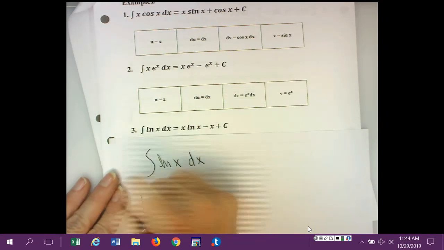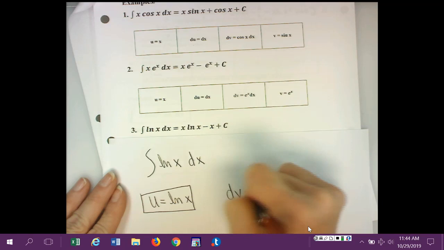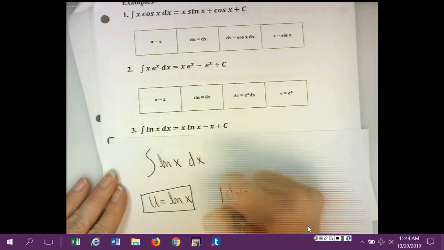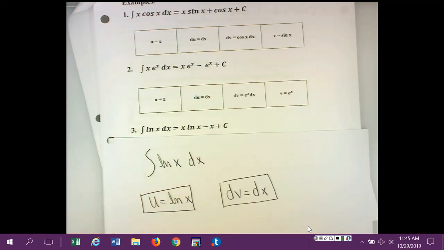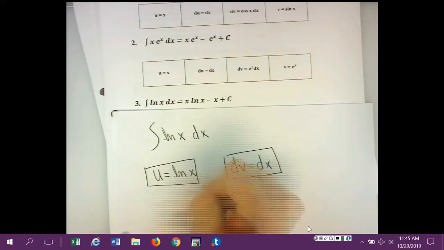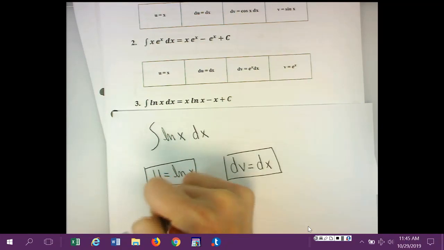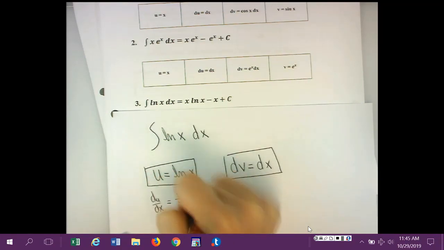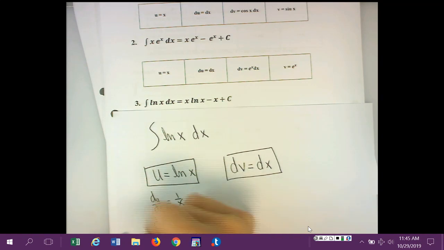There's box 1. dv is the rest of the integrand, so all that's left there is dx. The derivative of u with respect to x is equal to 1 over x, so du is 1 over x dx. That's your third box.